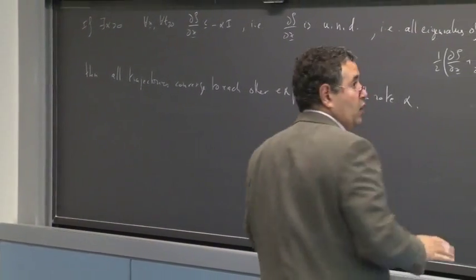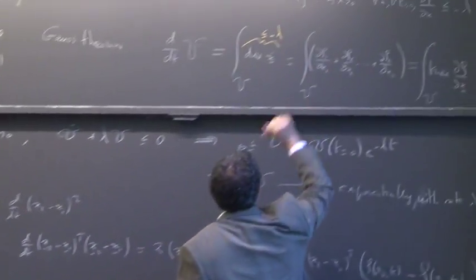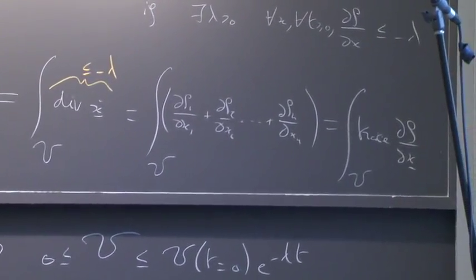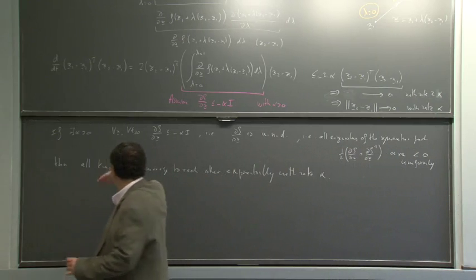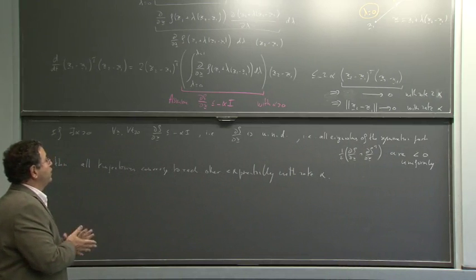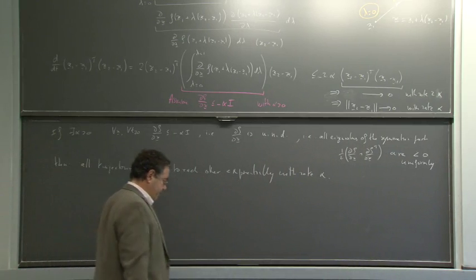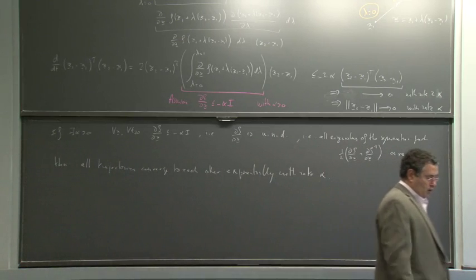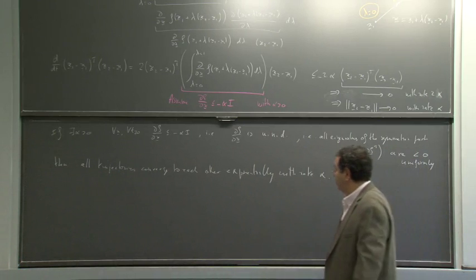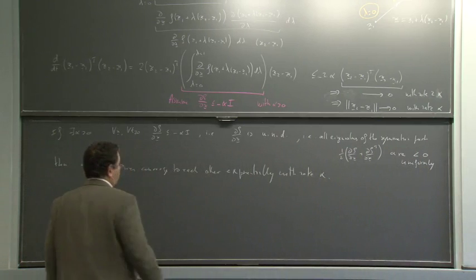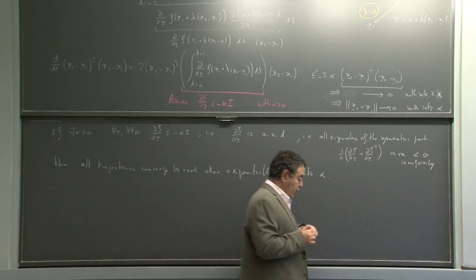So that's the exact version of the scalar result here in the vector case, which is that if the Jacobian is uniformly negative definite, then any two trajectories tend to each other exponentially.